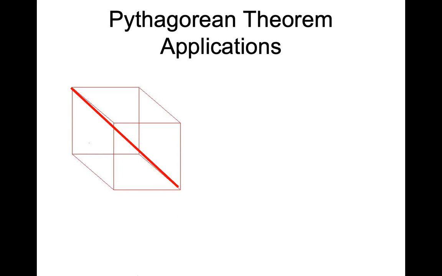So how is this done? Well, we're going to make a right triangle. The right triangle that we're going to make would include that diagonal distance along the bottom rectangle of the box. I'll make it green here.